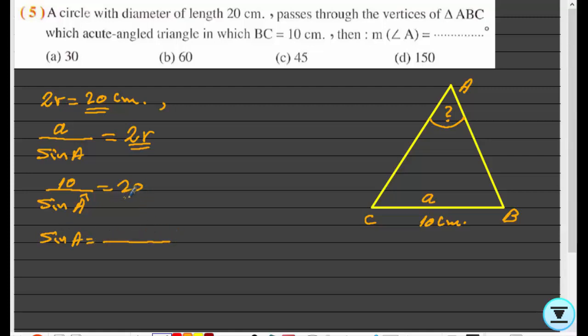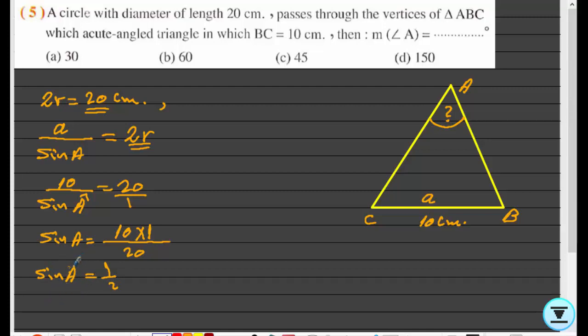Okay, 20 centimeters. Now sine A equals 10 multiply 1 over 20, which equals half. Okay, sine A equals half.